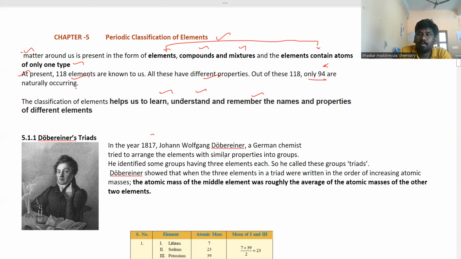Okay. For classifying the elements, the first attempt was the Dobereiner's triad. Dobereiner was the first chemist who attempted classification of elements.